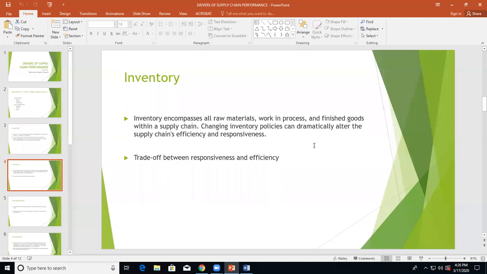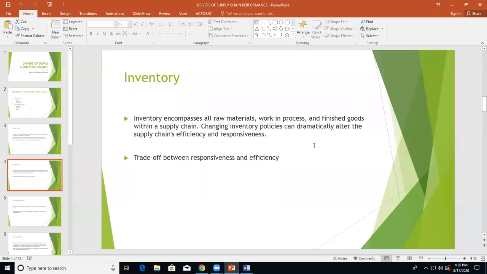Whenever we invest in inventory, we are improving responsiveness, and whenever we compromise on inventory, we are trading off between responsiveness and efficiency.